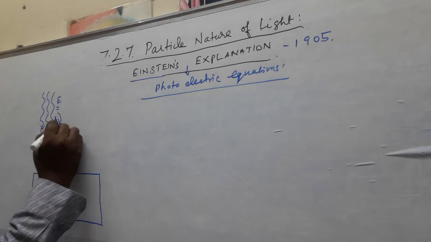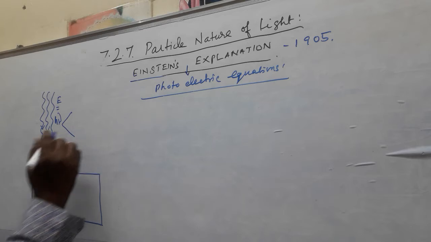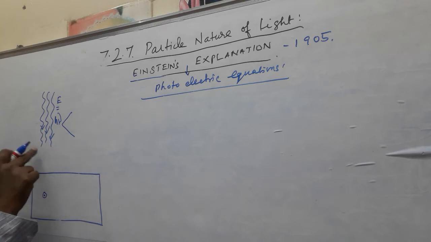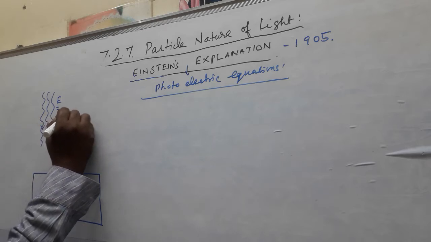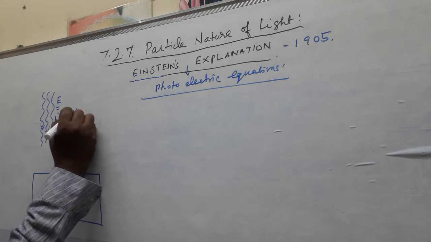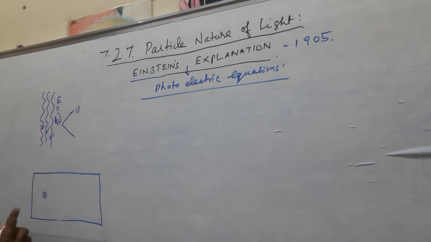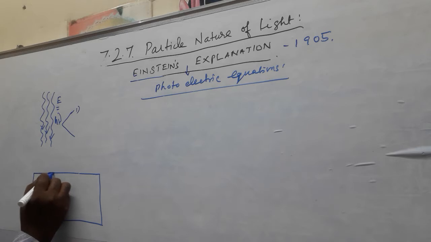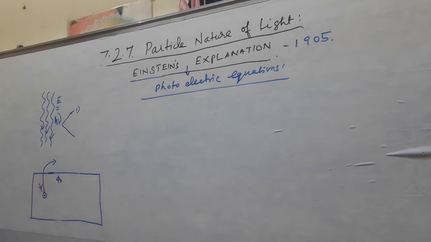Now this absorbed energy of the electron from the incident rays is utilized in two ways. One is some amount of energy absorbed to break the surface barrier, or work function, so that the electron comes outside.